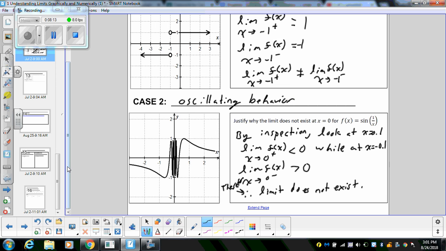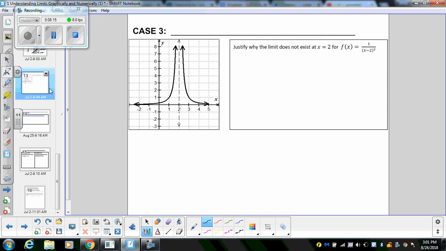Right, so let's look at the third case. Case 3 says justify why the limit does not exist at x equals 2. So the limit of f of x as x approaches 2 from the right side is going towards infinity.